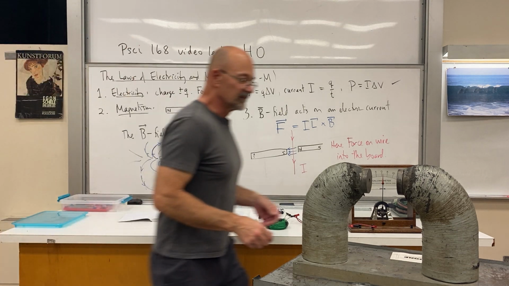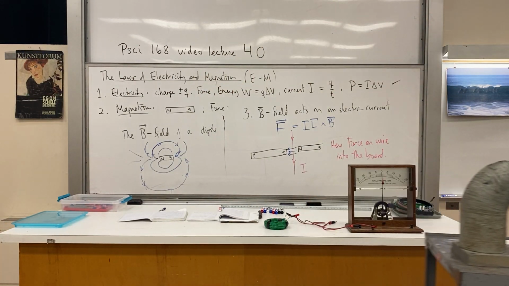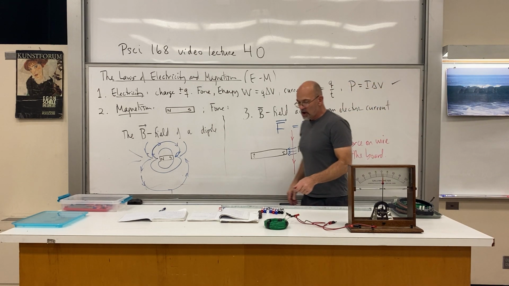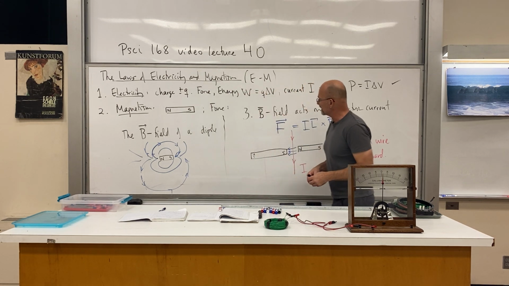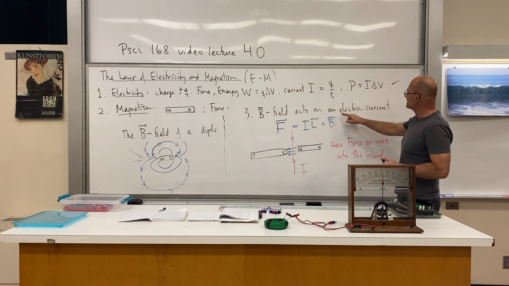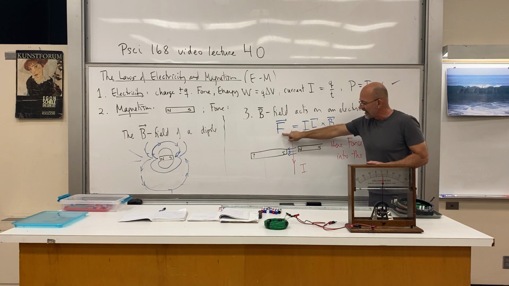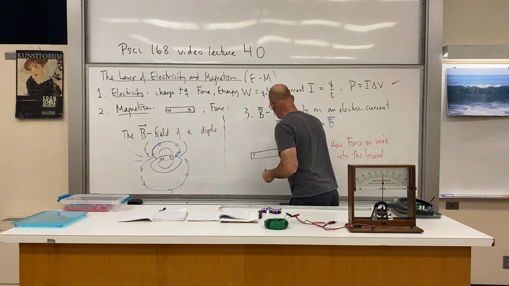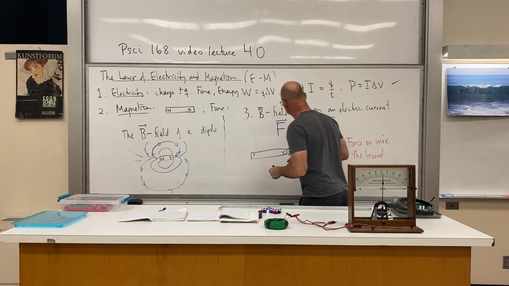So we can get rid of this for the moment. And that was that law that we were interested in. The magnetic field acts on an electric current. That's the force law. And there's a lot more to be said.